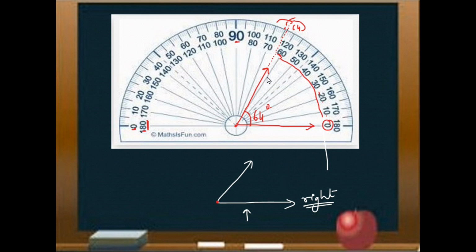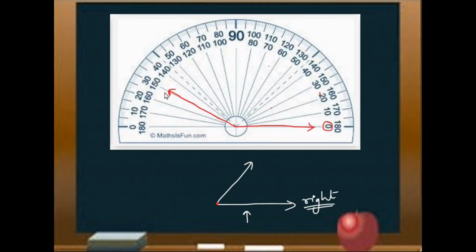Now if you have an obtuse angle to be measured, you will follow the same rule. When you see that the angle's base arm is pointing towards the right hand side of this protractor, you will consider this 0 again. And for the second arm, you will see which line or number on the protractor it coincides with.